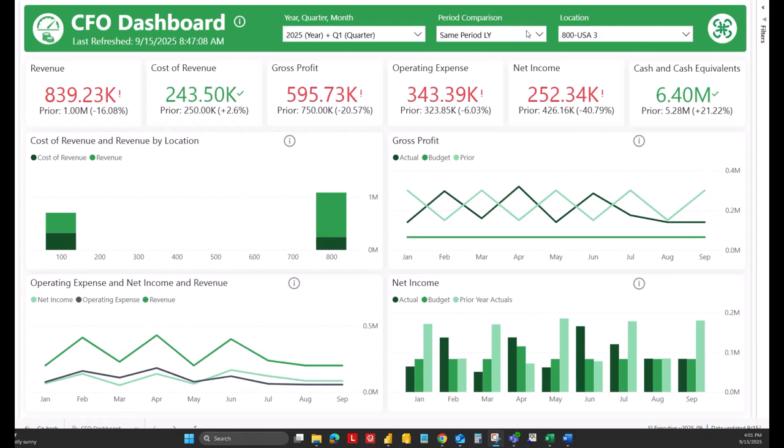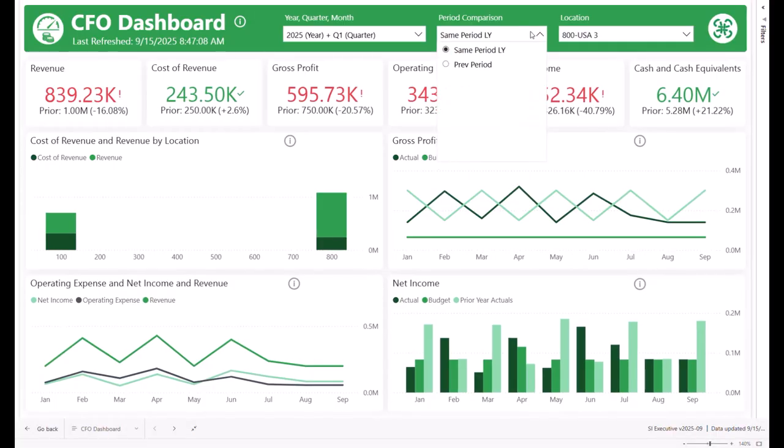So you can see this period comparison slicer here, and by default, it's selected at same period last year, and that pertains to this prior metric that you see below here. Since quarter one of 2025 is currently selected, same period last year would of course be quarter one of 2024.